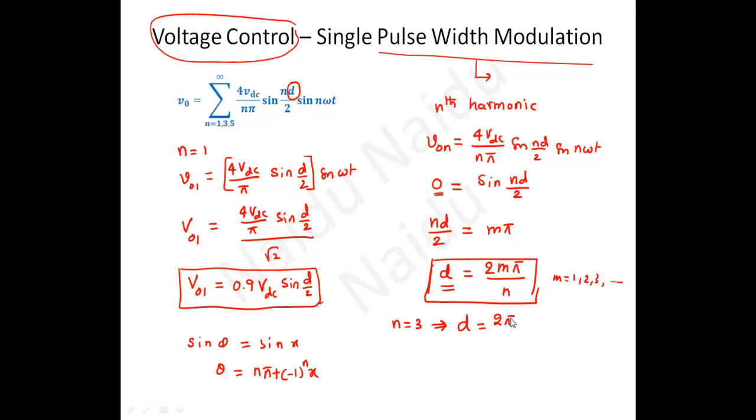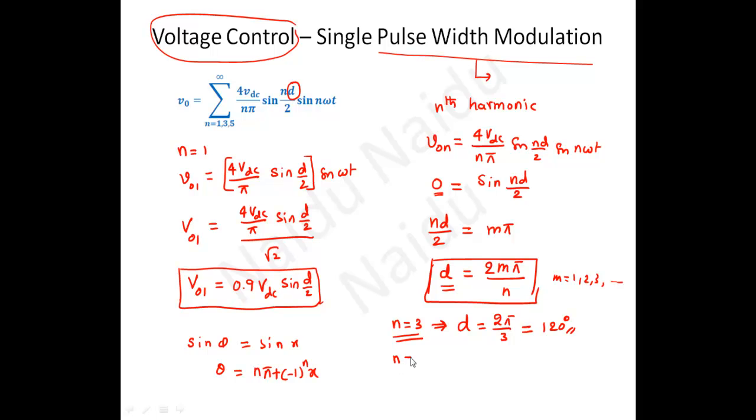If you set the pulse width to 120 degrees, then the output will not have any third and triplen harmonics. Suppose you substitute m equal to 2, then it is 4 pi by 3, which is 240 degrees, but the maximum value of d is 180 degrees. That's why to eliminate the third harmonic you have only one option.